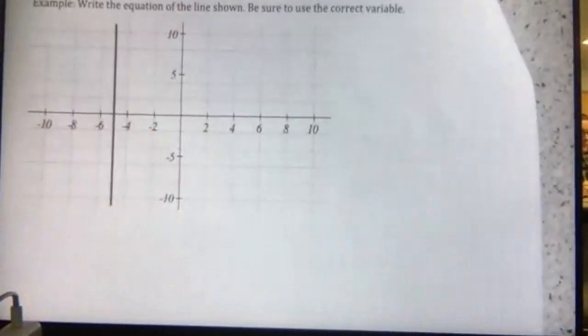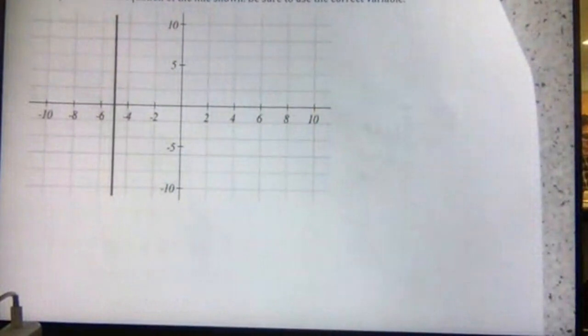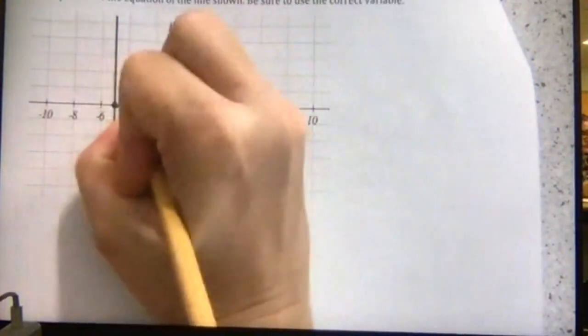It said, write the equation of the line shown. Be sure to use the correct variable. All right, so remember the equation, it wants the equal sign, like the whole equation. I noticed this one's weird. This one's a straight vertical line. So let's find some points. This point right here is over -5 up 0.